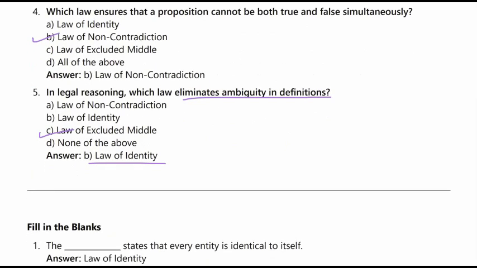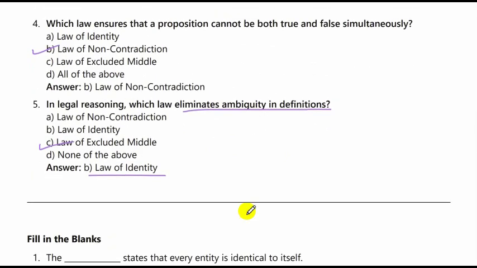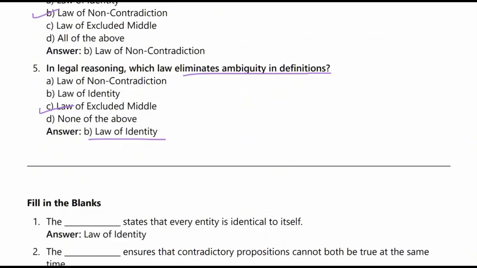Let's go on with the fill in the blanks. The dash states that every identity is identical to itself. That is the law of identity. The dash ensures that contradictory propositions cannot both be true at the same time.